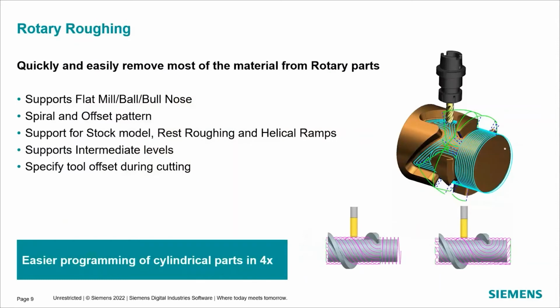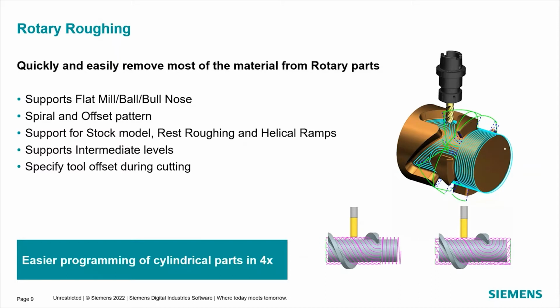Okay, another one I'd like to talk about is rotary roughing. It's been around a few releases, but it allows users to quickly and easily create a part using a 4-axis rotary machining process.